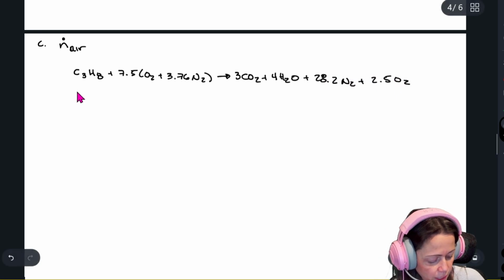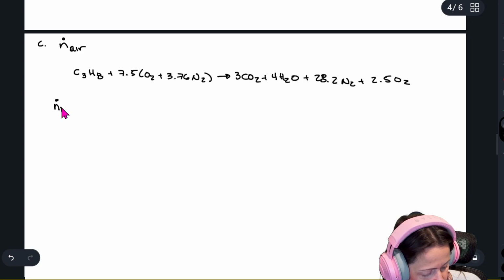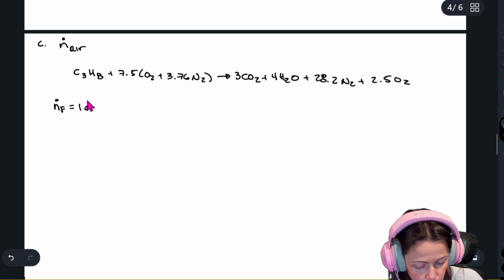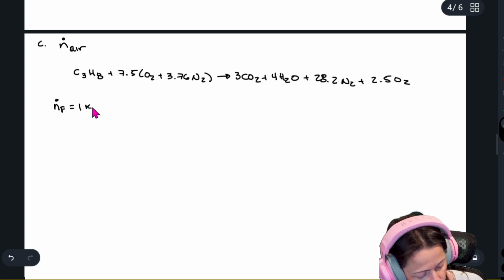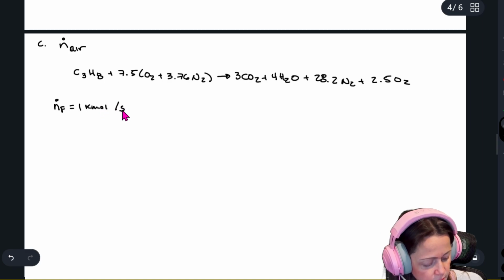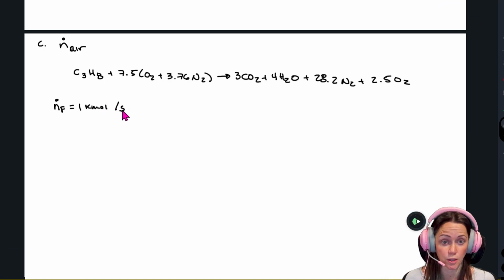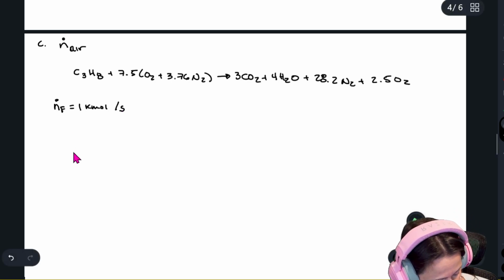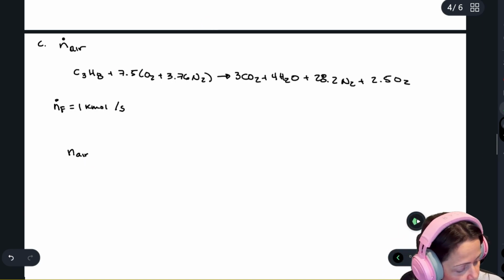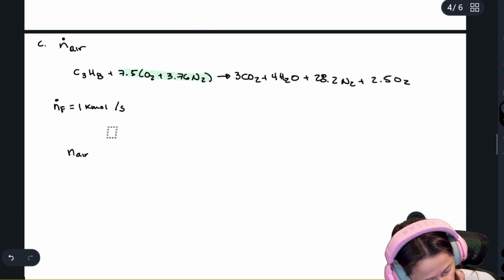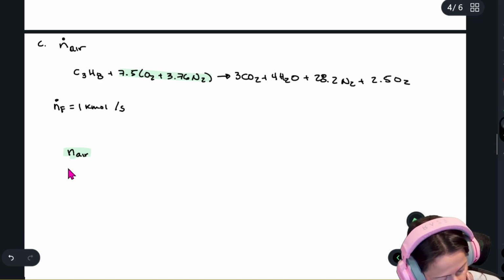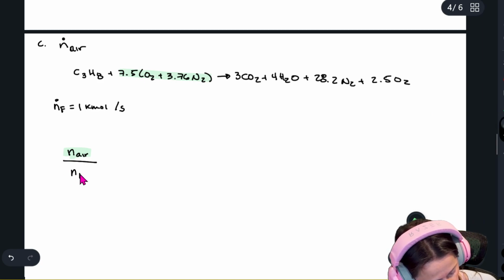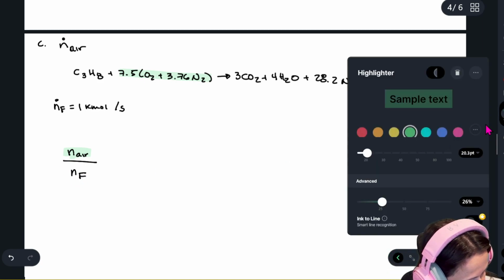And I know that the molar flow rate of my fuel is 1 kilomole per second. And so what I need to do is relate those mole flow rates. Well, I have the ratio of the number of moles of air to the number of moles of fuel.